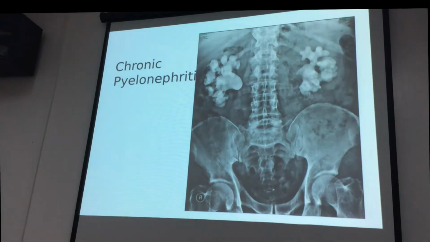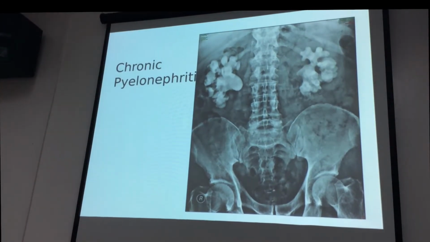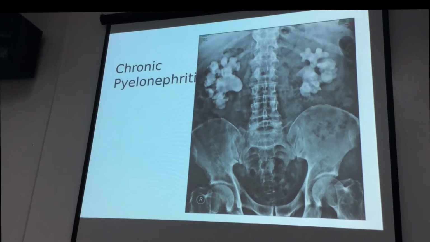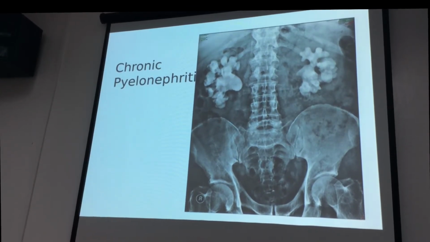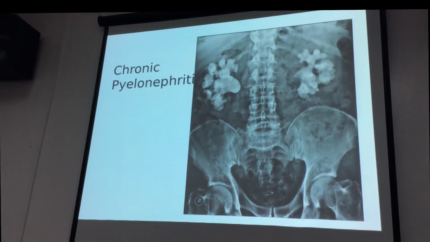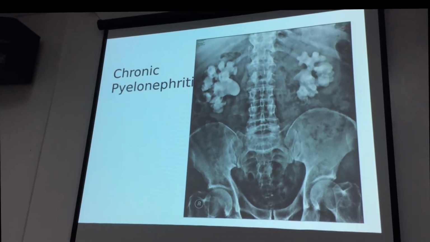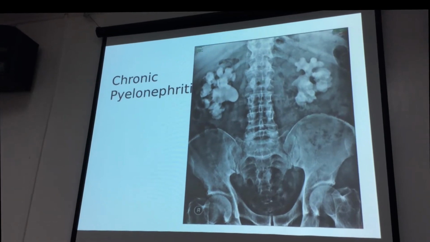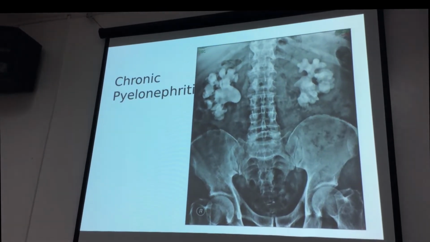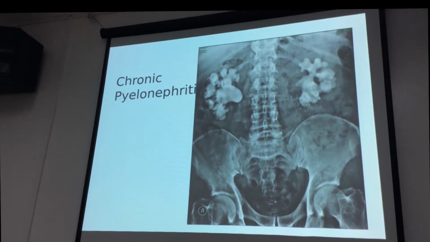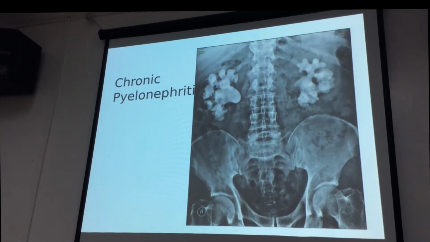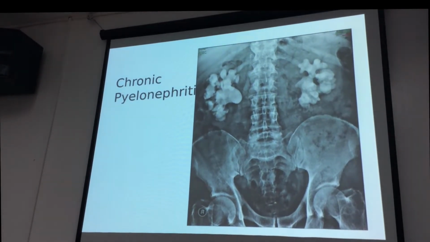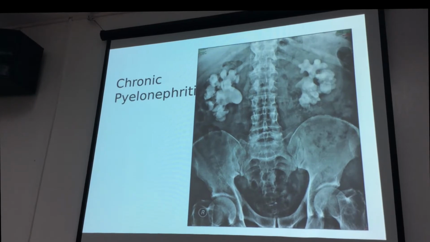Then we come to chronic pyelonephritis. What is the most common etiologic agent for your chronic pyelonephritis? Chronic... Rheumatoid arthritis? Okay. What's wrong with this X-ray? Stone. Very good, because the other section identified it as lungs.